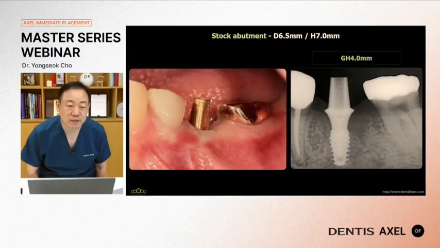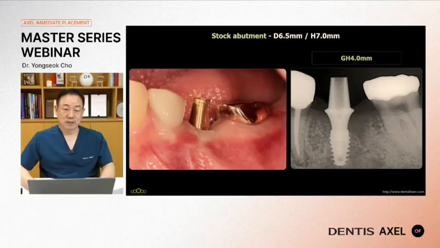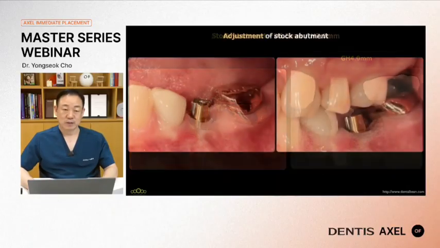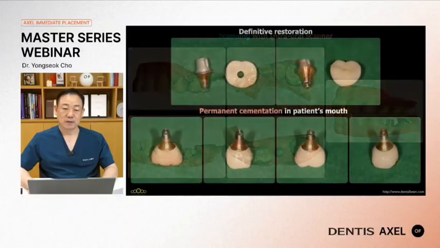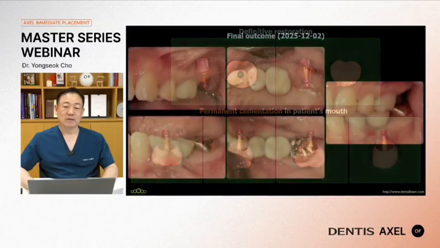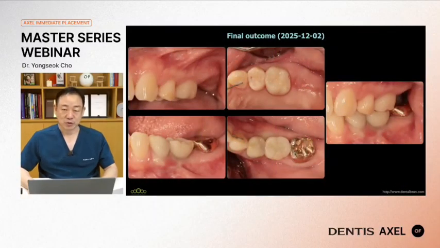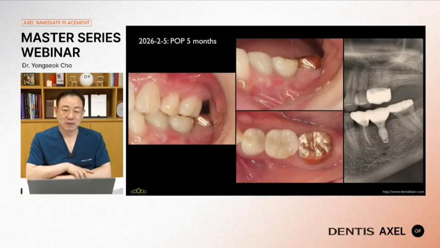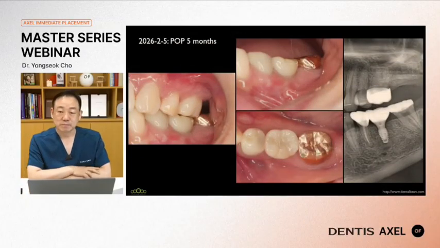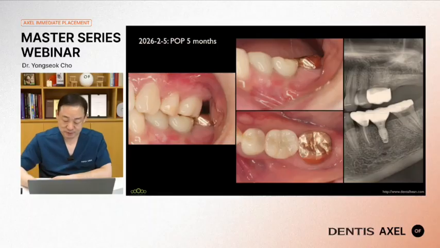Again, Dr. Kim continued the prosthetic process with a stock abutment, and here scanning and the final restoration delivered to the patient. Okay, this is a radiograph image 5 months after the operation. Nice bone, nice soft tissue condition, and the panoramic image looks not bad.